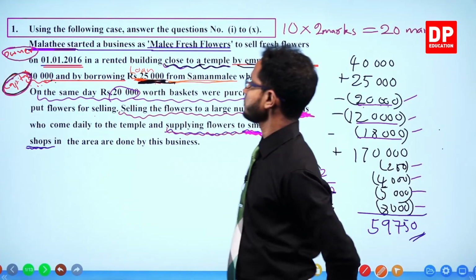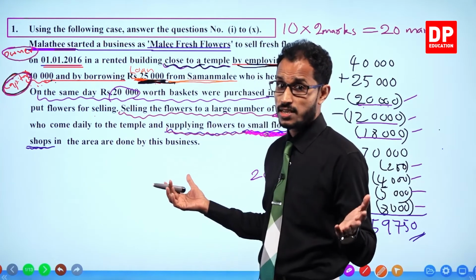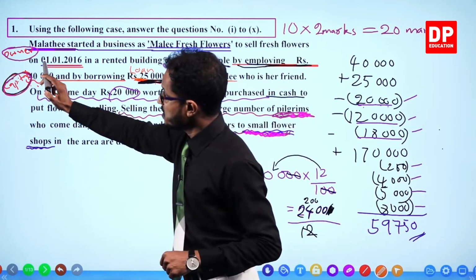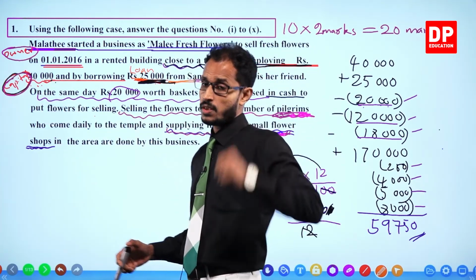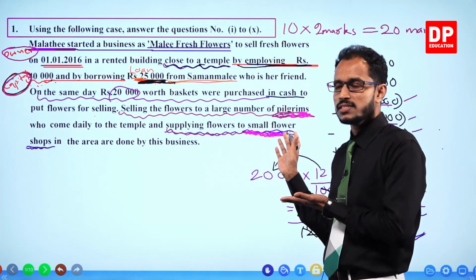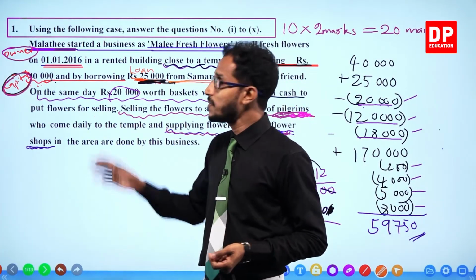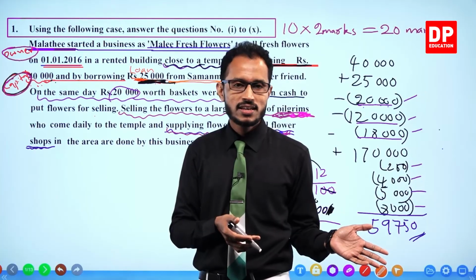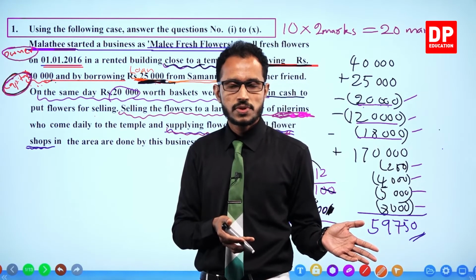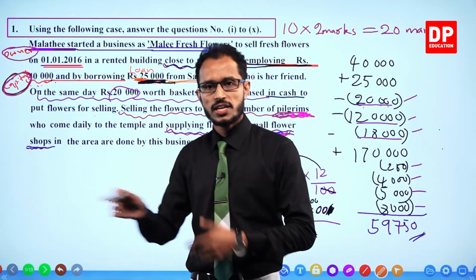It's 40,000. I'm gonna tell you a very easy method to calculate the closing equity or the closing capital. If you started the business with 40,000, you must do all the assets minus liabilities from the beginning to the end. All assets must be added and liabilities must be added, and assets minus liabilities equals equity.